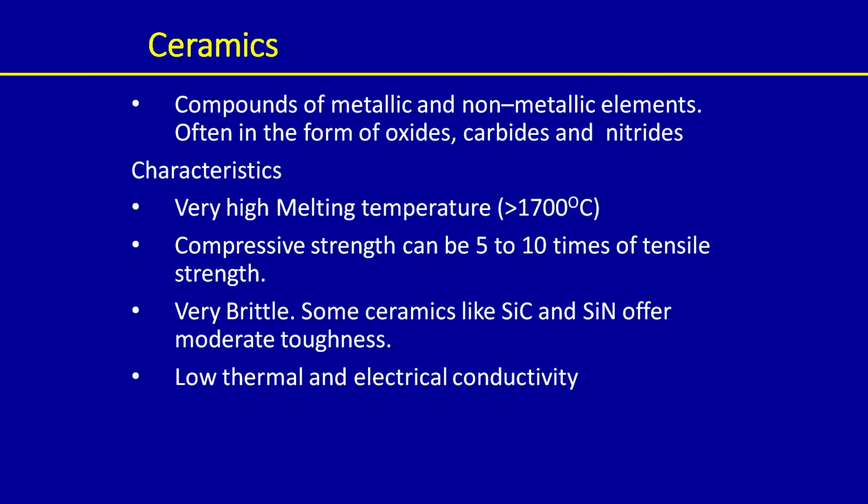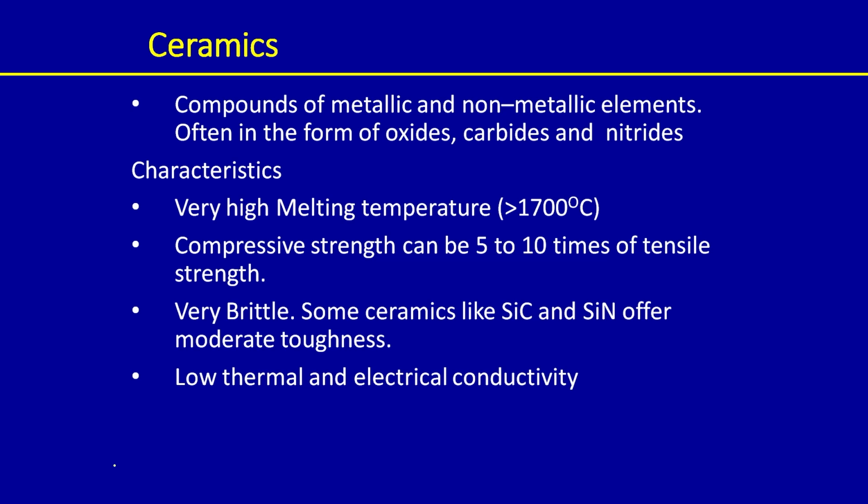Let us talk a little bit about ceramics. As I told you, ceramics are basically compounds, but not between metals; they are compounds between metallic and non-metallic elements, and they can be either oxides, carbides or nitrides. We know that there are different kinds of oxides, like aluminum reacting with oxygen to form aluminum oxide, which is Al2O3.